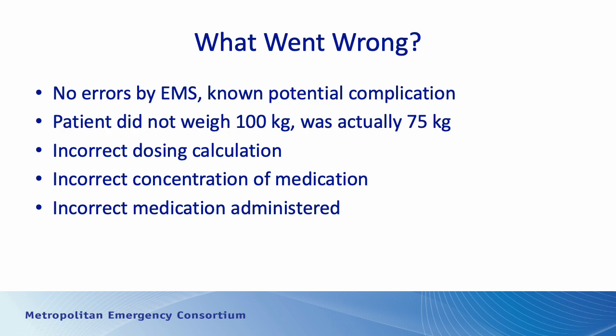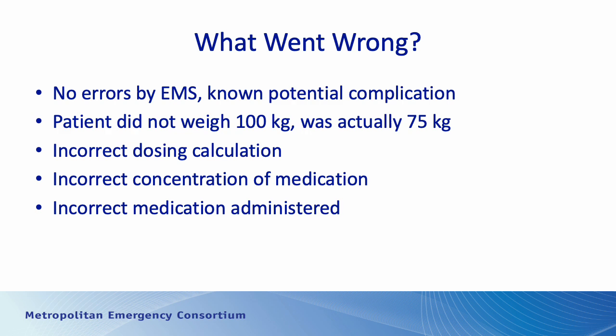Somebody drew up more medication than should have been given. In other words, they thought they were drawing up 200 milligrams, but drew up 300 milligrams. Another possibility is that they grabbed the wrong concentration of medication. Instead of the 50 milligrams per ml of ketamine, they grabbed the ketamine intended for intramuscular injection, and the patient got basically twice as much medication because the wrong concentration was used.